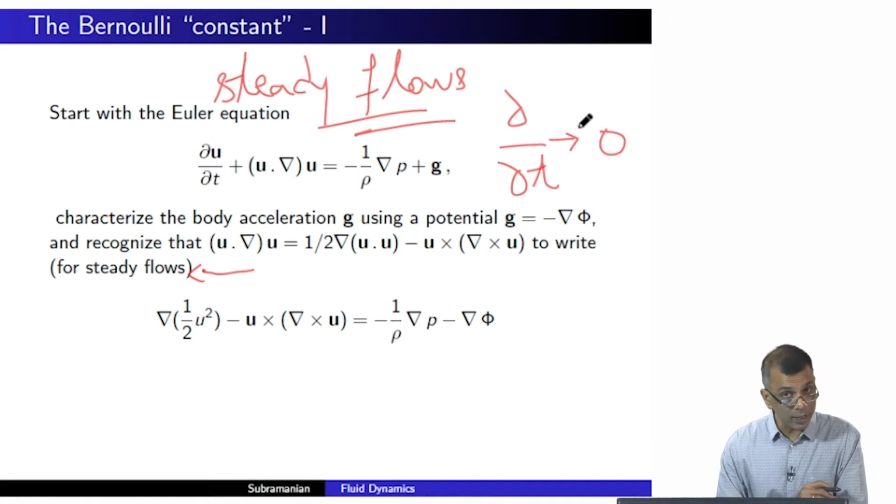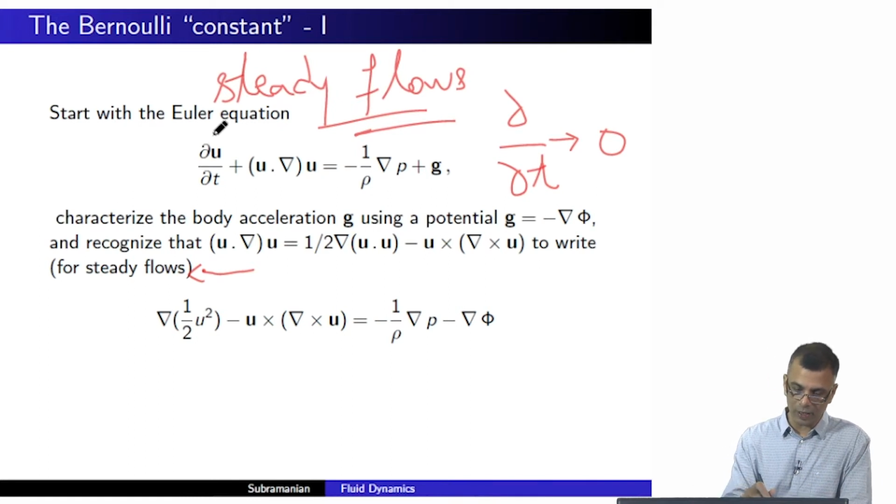The time derivative as discerned by the lab observer, as discerned by the Eulerian observers. Therefore, this entire term vanishes. We don't have to worry about this.